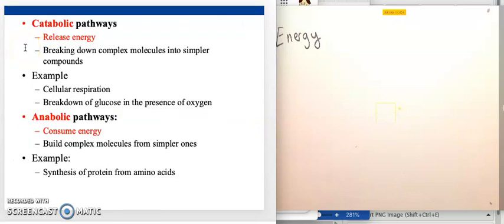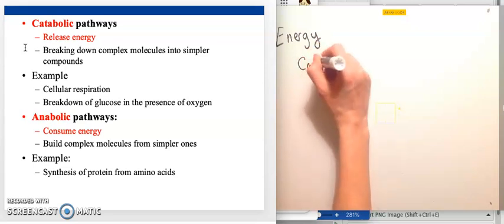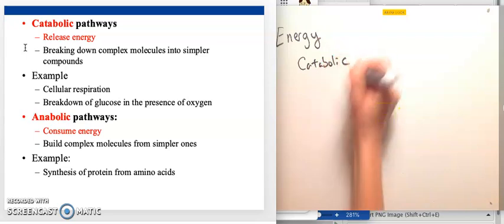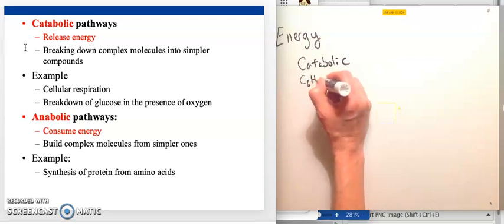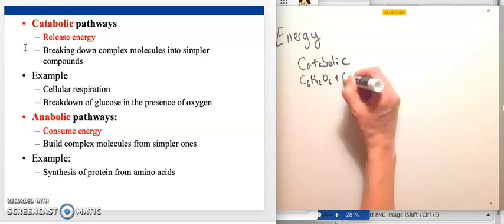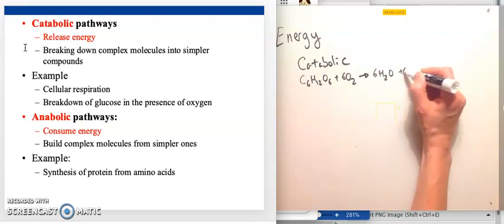So when we think about different kinds of chemical reactions, we can think about those that use energy and those that release energy. And we're going to see there are several different vocab words throughout this chapter that really relate to those two different concepts. So pathways that are catabolic are going to break things down. So that's going to be taking things like cellular respiration, where glucose in the presence of oxygen reacts to form water and carbon dioxide.